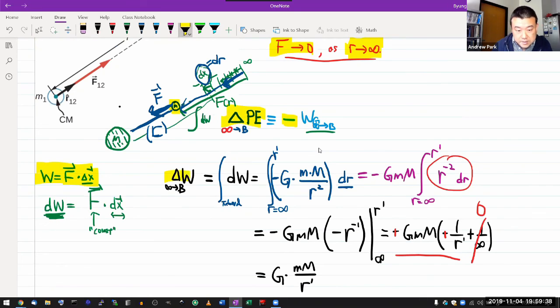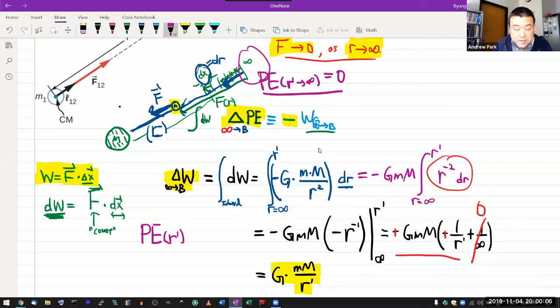So since this is the amount of work done, what should be the gravitational potential energy at point r prime, using that universal reference point of infinity, where I said potential energy as r goes to infinity is 0?